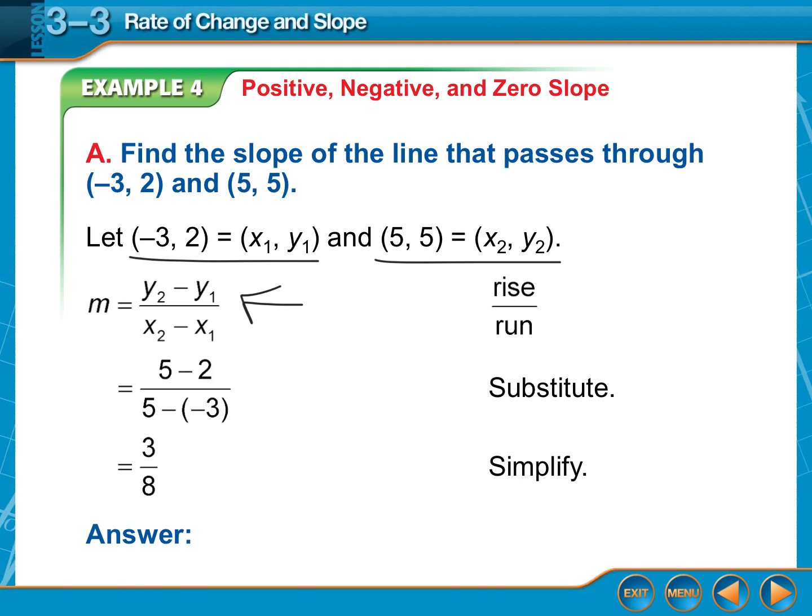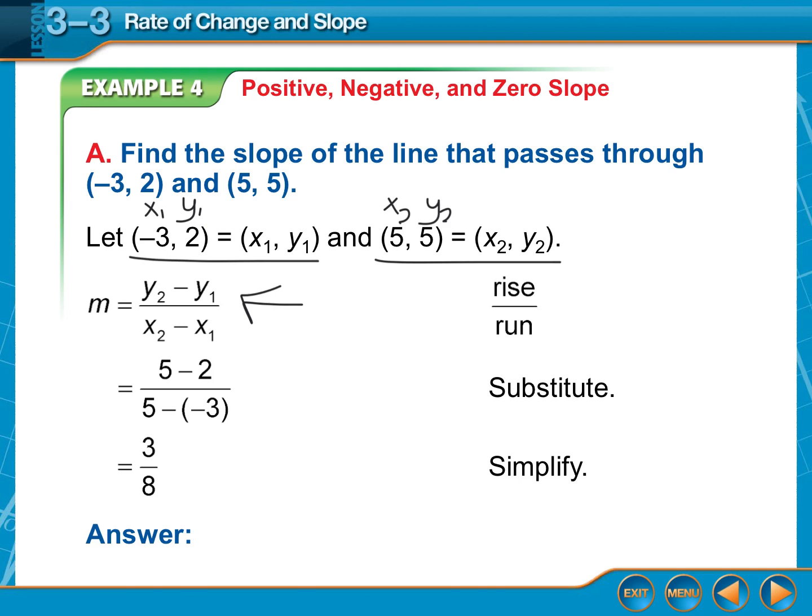On your homework, this is what I would do. Label this x1, put x1 above it, put y1 above it. Over here, put x2 above it, put y2 above it. Then you don't get confused or mixed up when you're actually putting it in the equation.